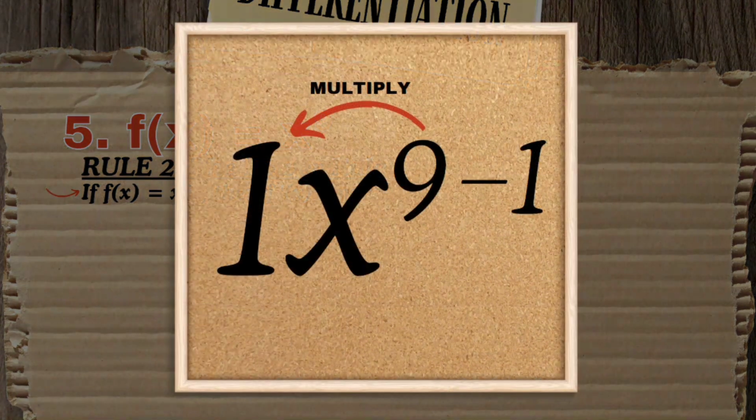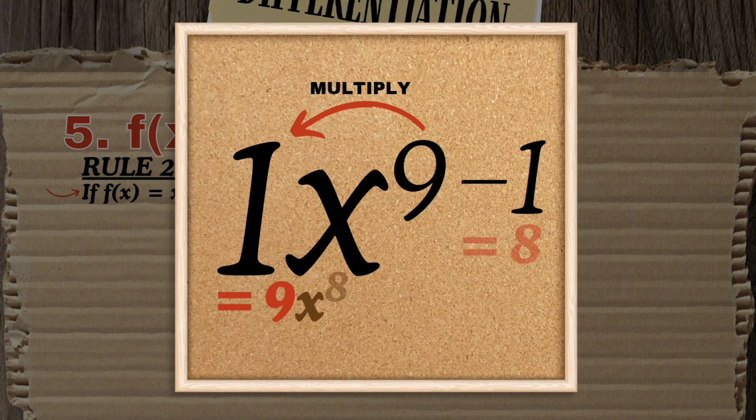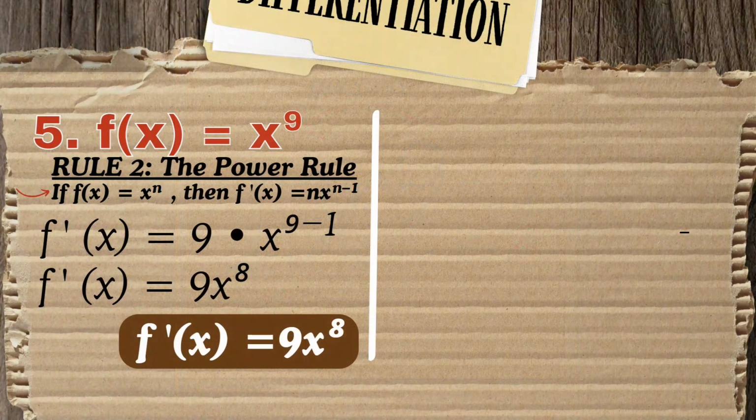So, 9 times 1 is equal to 9, and ilalagay natin siya sa unahan. So, 9 times x raised to 9, then minus 1. Therefore, the derivative of x raised to 9 is 9x raised to 8.